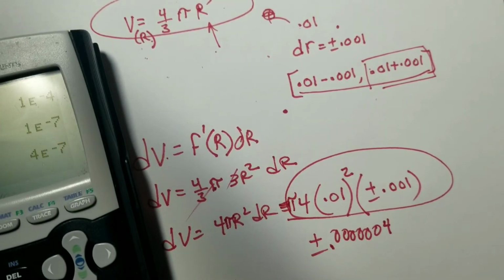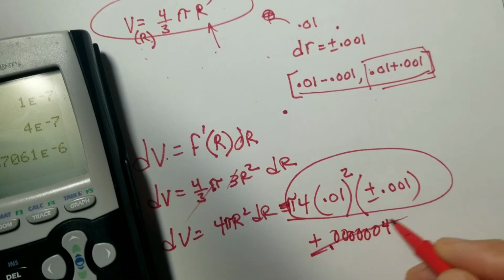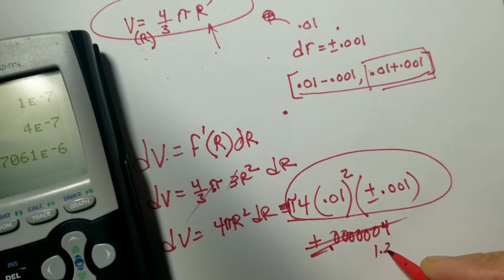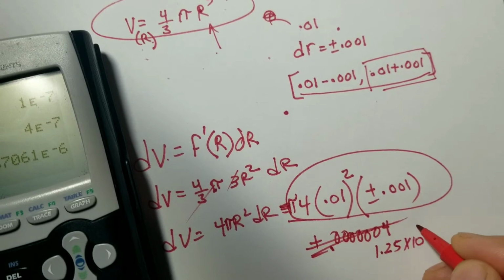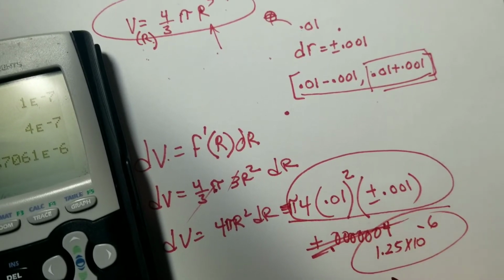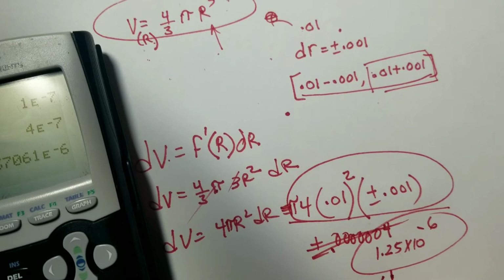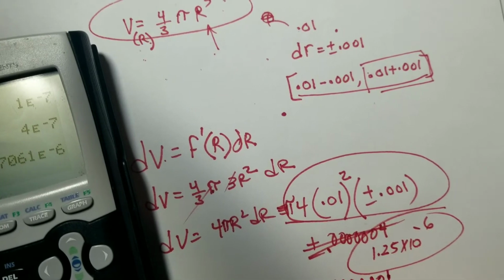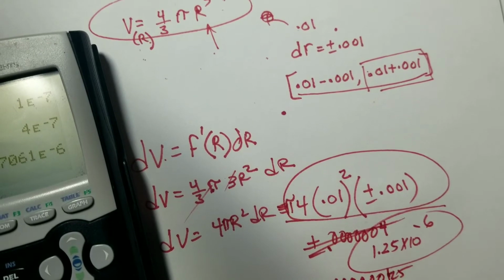Therefore, I have to take that number and multiply by pi. That number is going to become 1.25 times 10 to the power of -6. That's the plus or minus change.